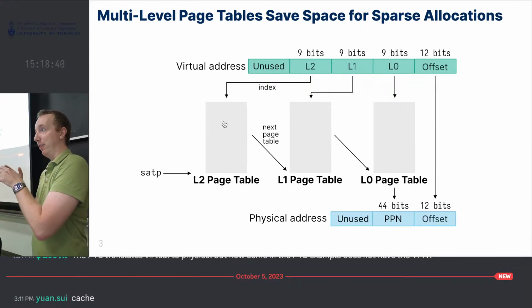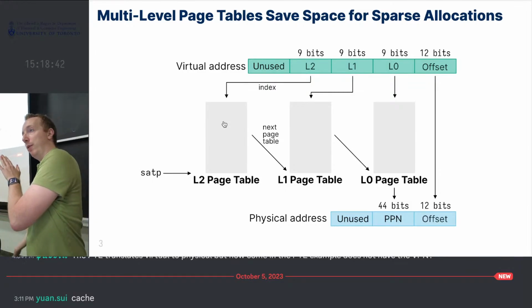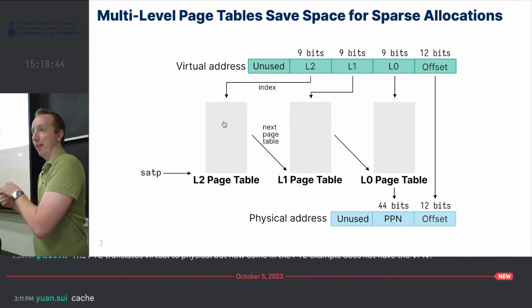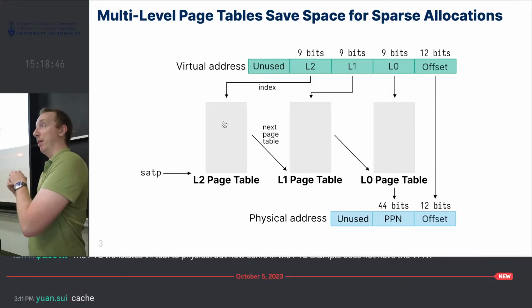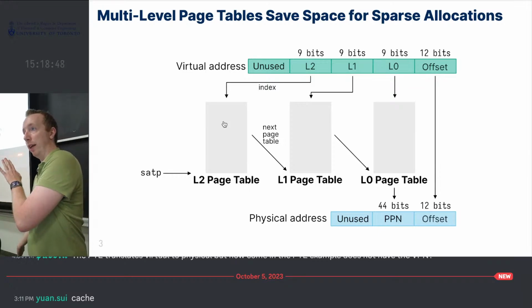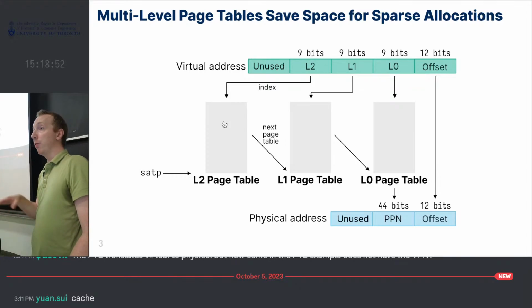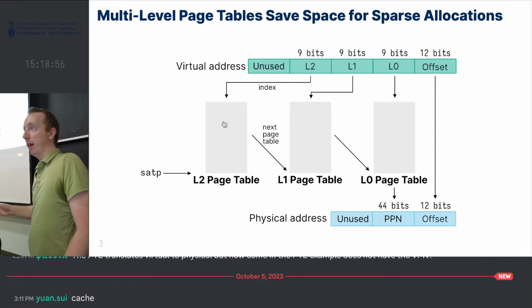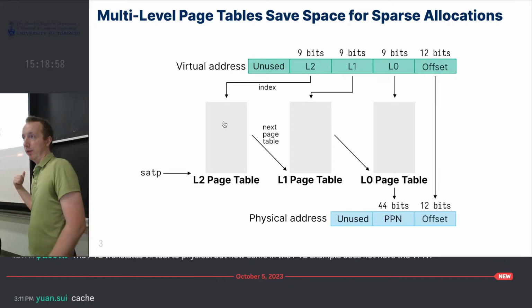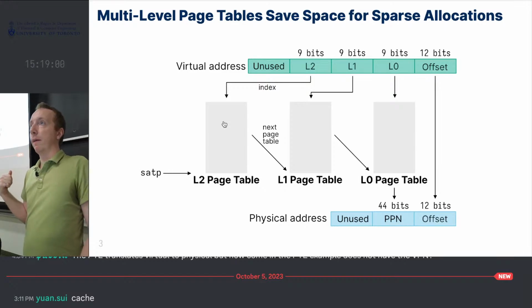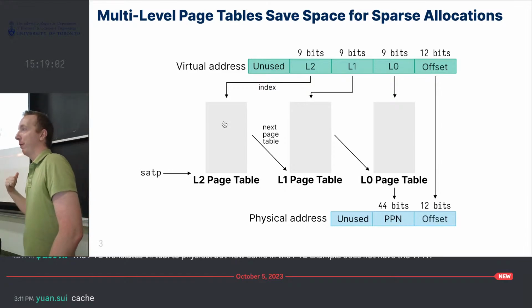And then each L1 page table could point to 2 to the 9 L0 tables. And then our L0 tables could point to 2 to the 9 things. So it cascades, and we can still translate all the addresses. But if your program doesn't use that many, we save a lot of space doing this. But it does make it more of a pain.